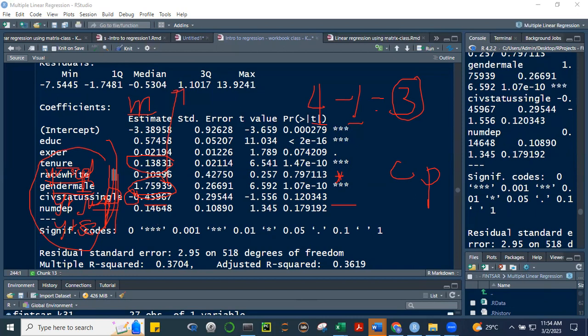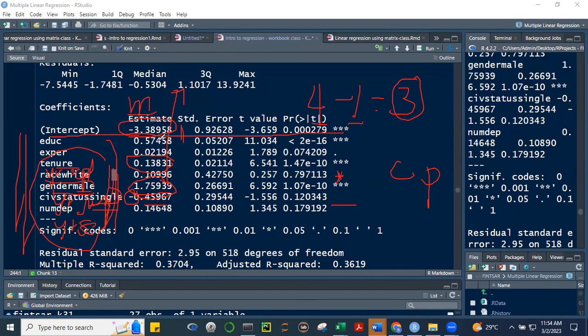Okay. And lastly, how do we interpret this intercept? Ito yung tricky dito, no? Si intercept. Ano ibig sabihin nito? The intercept is the average value of your dependent variable hourly wage, when all your predictors are zero.